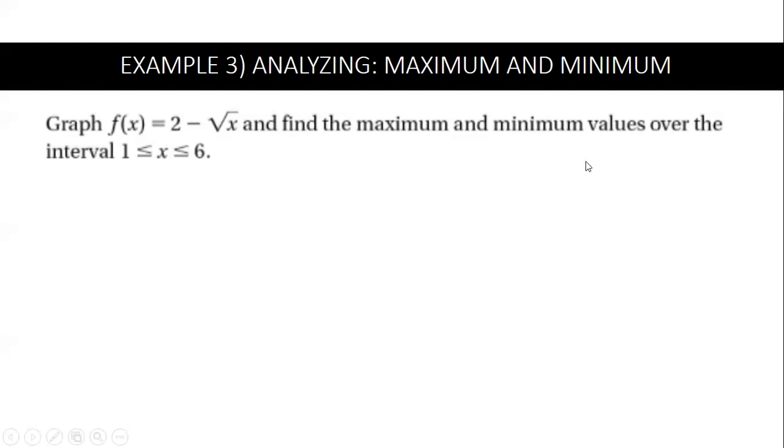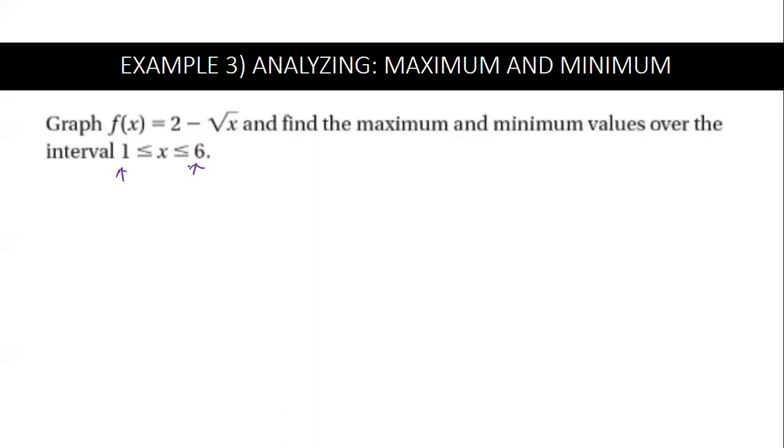Because our function is either going to be increasing or decreasing, that means that my max and min is either at the beginning or at the end. So I only have to analyze what's happening at 1 and at 6. If you chose to do it without the calculator, you're just comparing these two values. It wouldn't be easy for 6 because is 6 a perfect square?